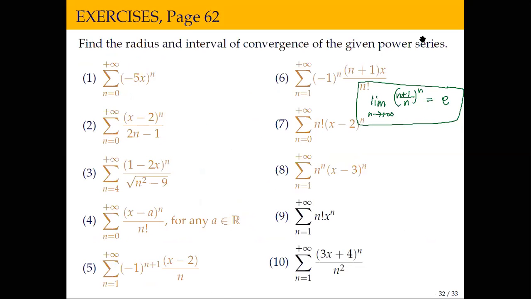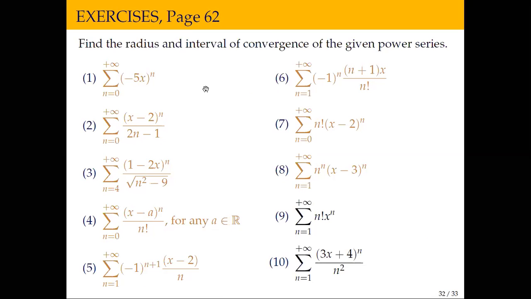So far, among the 10 items that we have given, we are able to answer items 1 to 8. So we are left with items 9 and 10. I will leave this as an exercise for you. So you try to look for the radius of convergence and interval of convergence of these two.